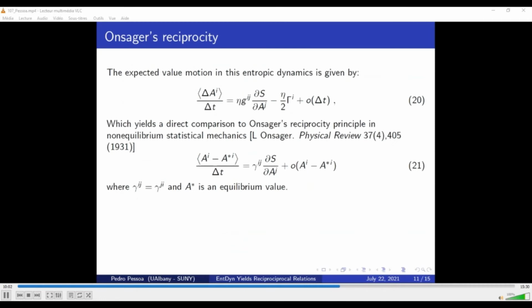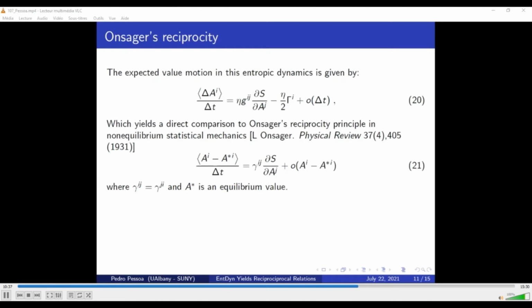Here is where we should talk about reciprocity, as in the title of the talk. The change in the expected values for our dynamics yields this interesting relationship here in equation 20. The entropic time change of our macrostate parameters is proportional to the gradient of entropy in the first term, and the proportionality terms are the terms of the information metric.